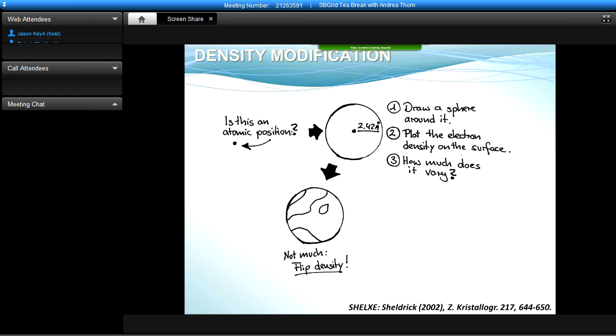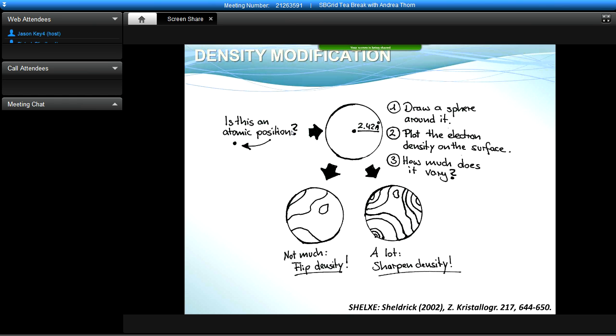Now, if it doesn't vary very much, you obviously weren't inside the protein, you were somewhere in the disordered solvent area. So you flip the density, because the density is later combined with a similar density, it will end up to be 0 in the course of several iterations.